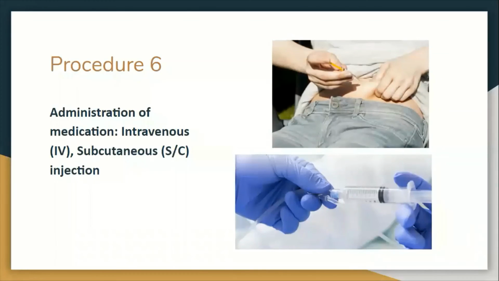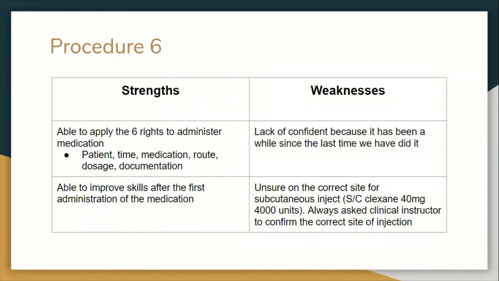Lastly, the procedure that we performed in the gynae ward is administration of medication, intravenous and subcutaneous injection. The strengths: we are able to apply the rights to administer medication, which are the right patient, time, medication, route, dosage, and documentation. The weakness: we lack confidence because it has been a while since the last time we performed it.